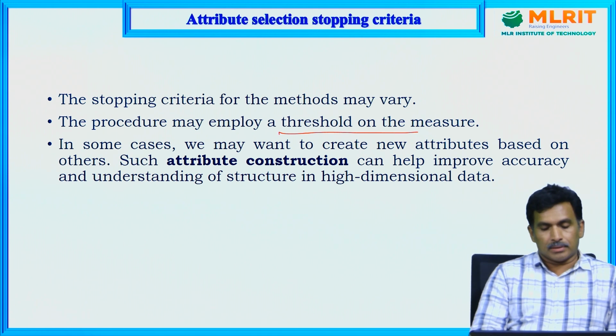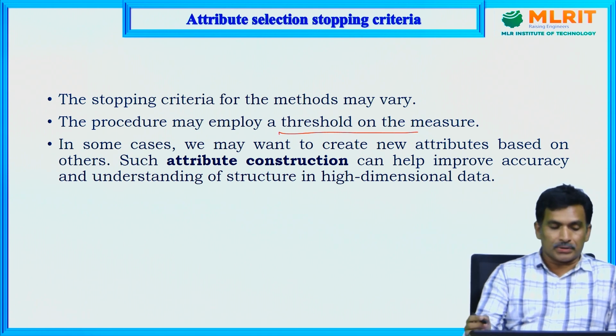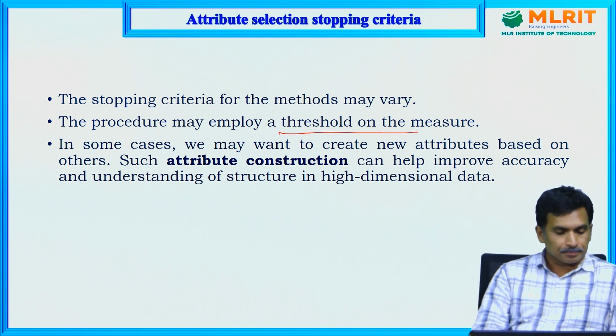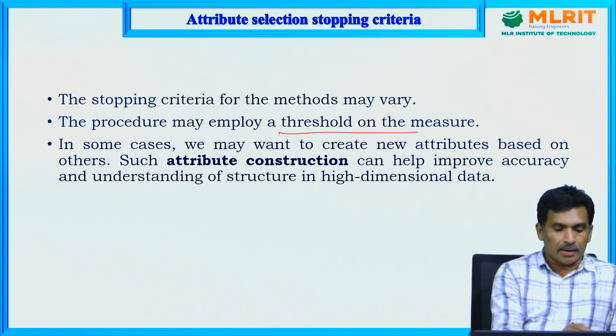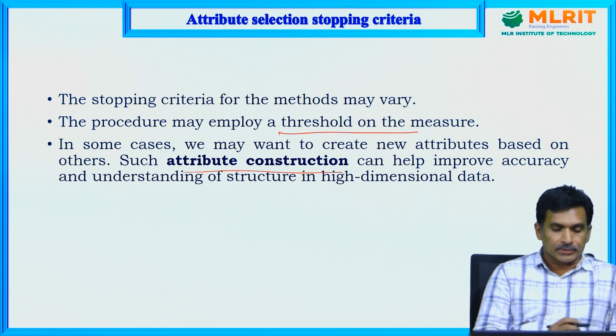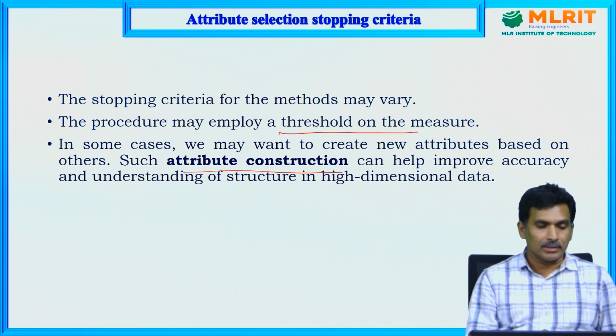In some cases, we may want to create new attributes based on others, like we already discussed yesterday. Such attribute construction can help improve the accuracy and understanding of structure in high dimensional data.